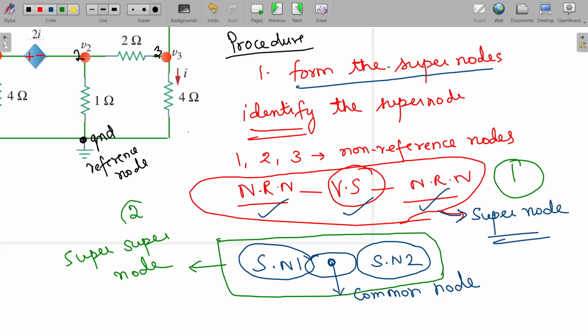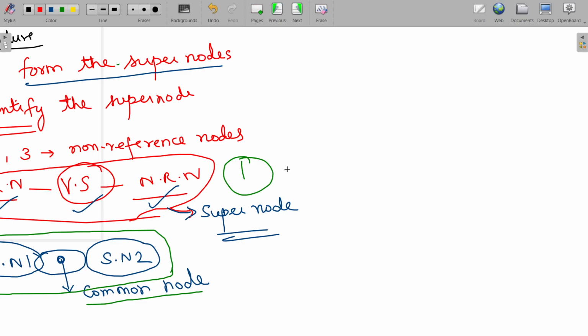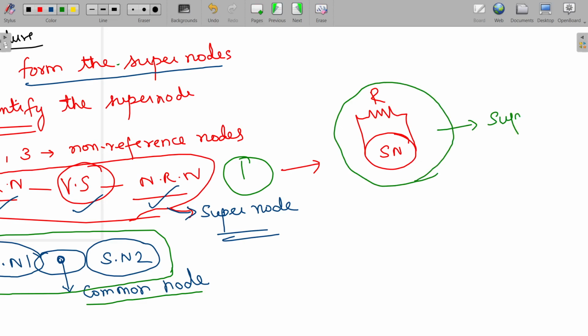The second case is two supernodes or three supernodes being combined if they are connected with a common node, and we name it a supernode. To this supernode, you may have a parallel path, and if an element is connected in this parallel path, you can combine these together. Now it is named a supernode. This modified supernode will be the base for analyzing the circuit.